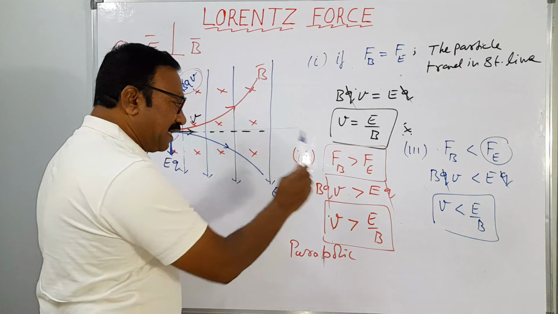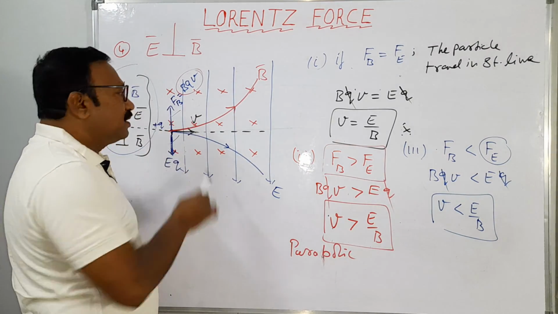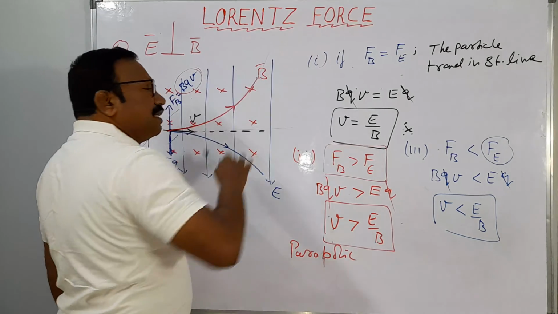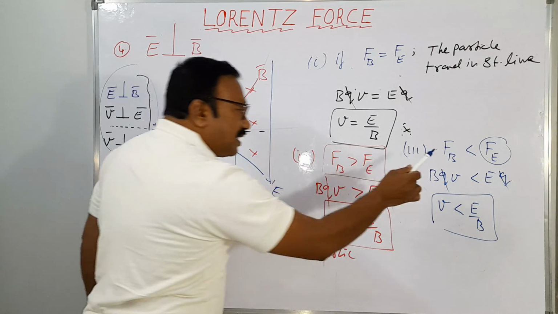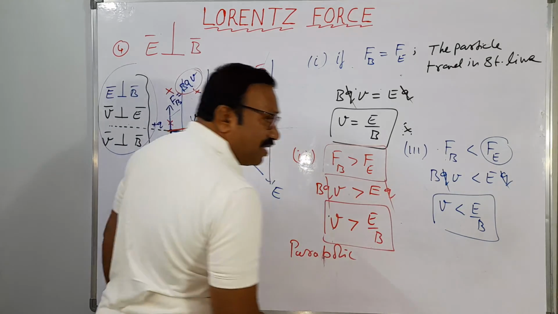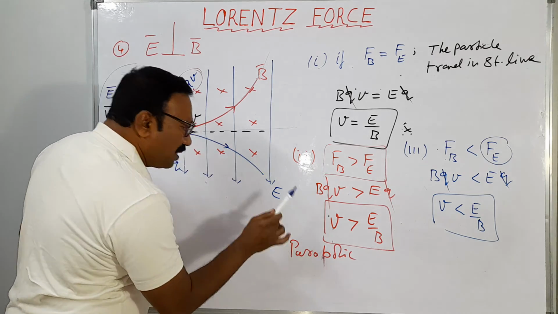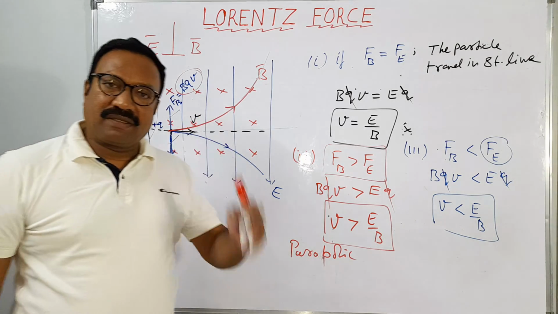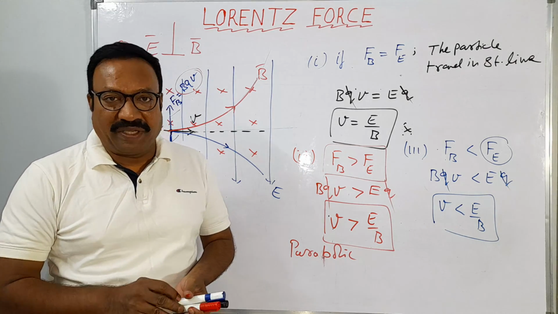Second, if the force exerted by the magnetic field is greater than EQ, it goes in a parabolic path in the upward direction, opposite to the electric field. If the force exerted by the magnetic field is less than the electric field, and the electric field is dominating, then it will move in the direction of the electric field in a parabolic path. So these three answers are final. This is how the particle will be moving.